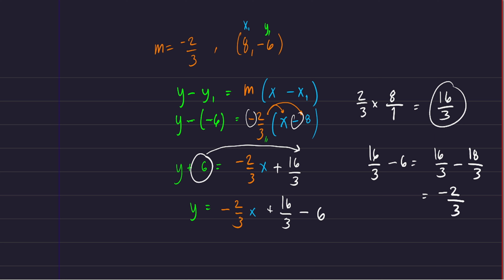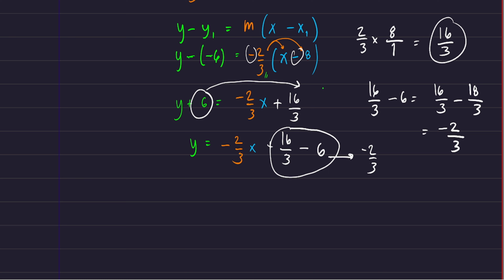So if we are going to solve this part of the equation, this will result to negative 2/3. Simplifying the equation, we have y is equal to negative 2/3 x minus 2/3. And this is the equation of a line formed by the 2 points.